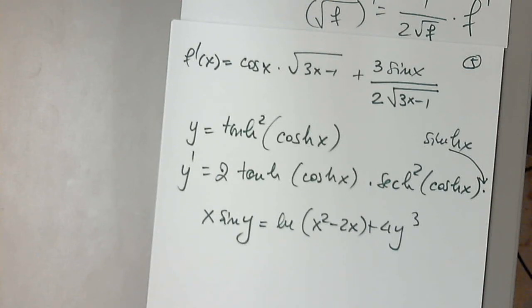So we differentiate the left-hand side and we differentiate the right-hand side. The left-hand side is a product. The right-hand side is not a product. It's a sum of two functions. So here we have sine y plus x cosine y dy over dx. Do we have that?